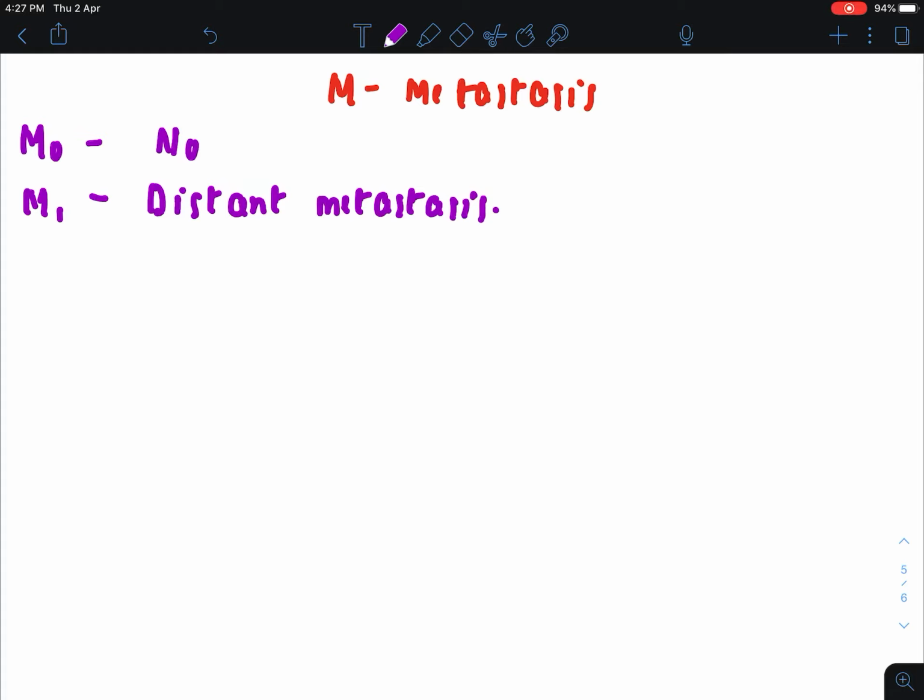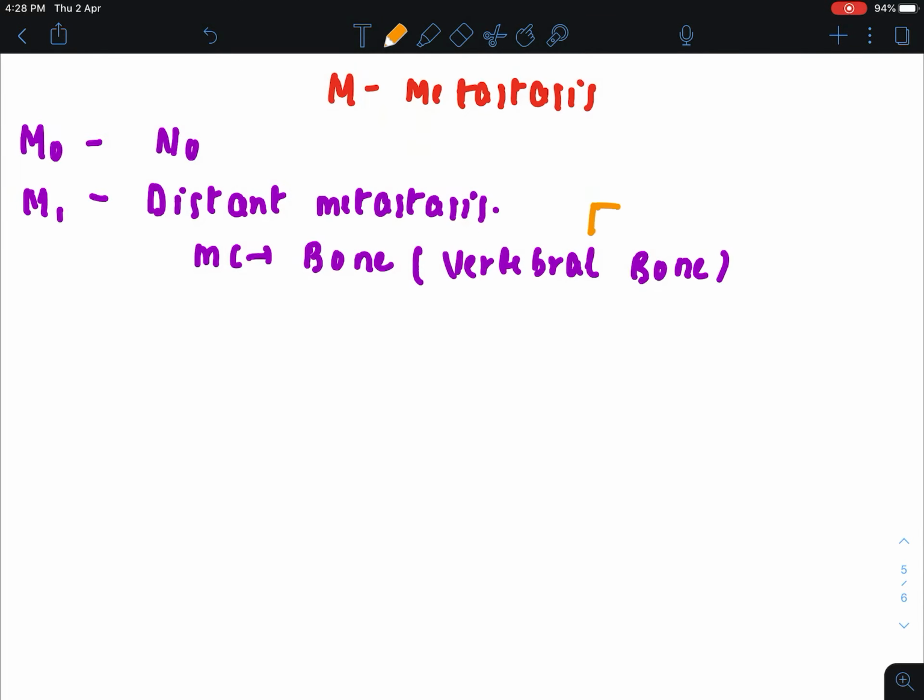So the breast cancer, where does it metastasize most commonly? Most commonly it metastasizes to bone. And if the question asks which bone is most involved, then it is the vertebral bone. And which vertebra is involved mostly? Then the answer is lumbar vertebra. Why is there involvement of the bone, ultimately the lumbar vertebra?